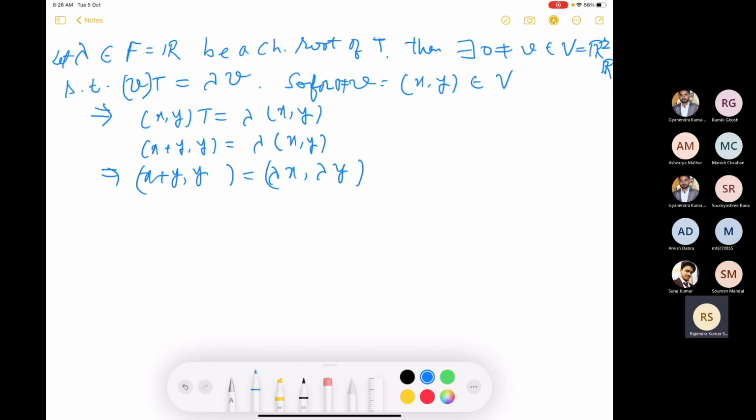Now we know that two ordered pairs are equal if and only if the first coordinate is equal to the first coordinate of the other, and the second coordinates of both are also equal. So that is if and only if x plus y is lambda x and y is equal to lambda y. Now y equal to lambda y naturally means (1 minus lambda) y is 0.